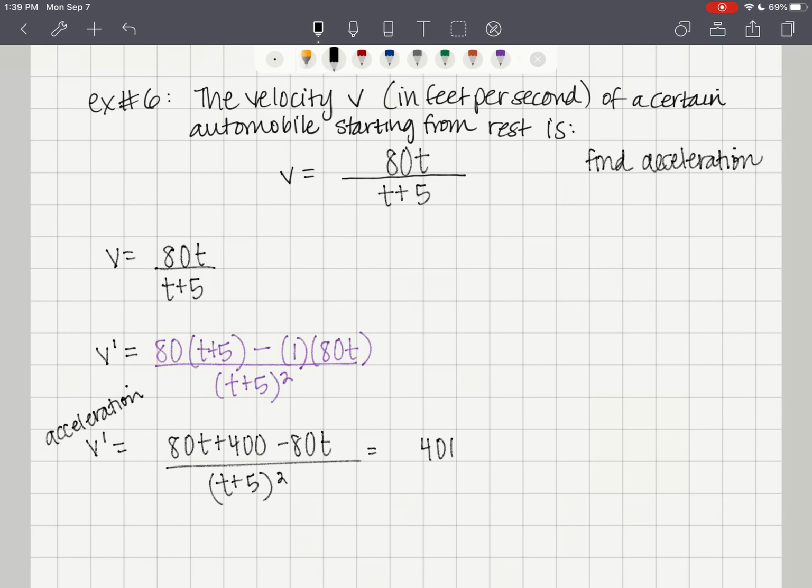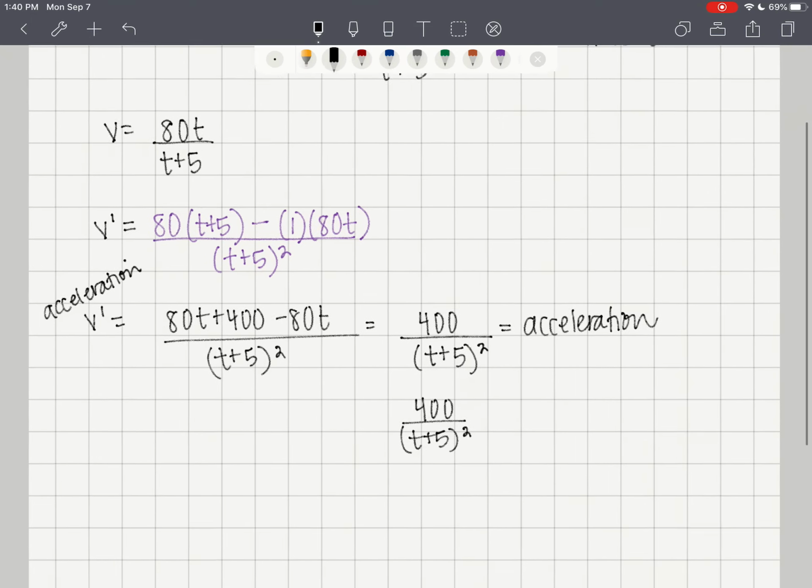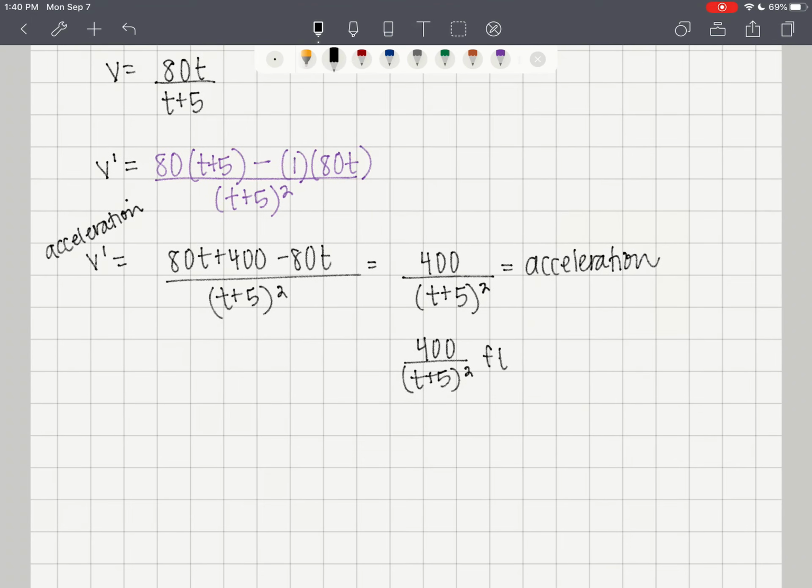So that would be 400 divided by t plus 5 quantity squared. That's the acceleration of this particular automobile starting from rest, where time is in seconds. So this would be 400 over t plus 5 quantity squared feet per second squared.